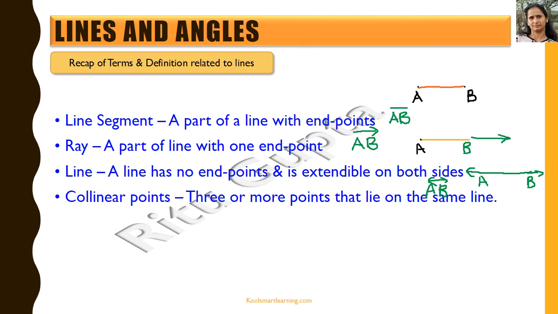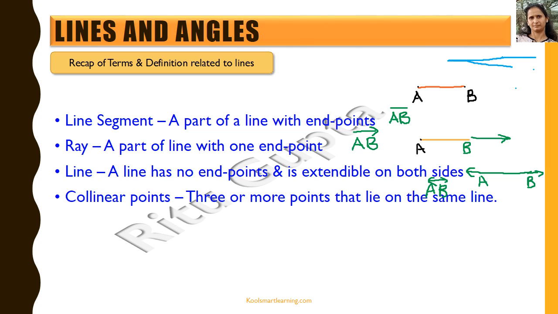And then we have studied collinear points. If we have 3 or more points that lie on the same line, we'll take an example. Supposing we have these 3 points or we have 4 points. There is no way that I can make a single line containing all these points.